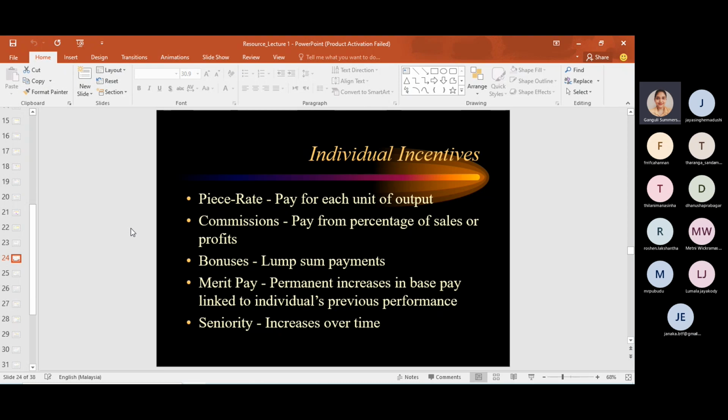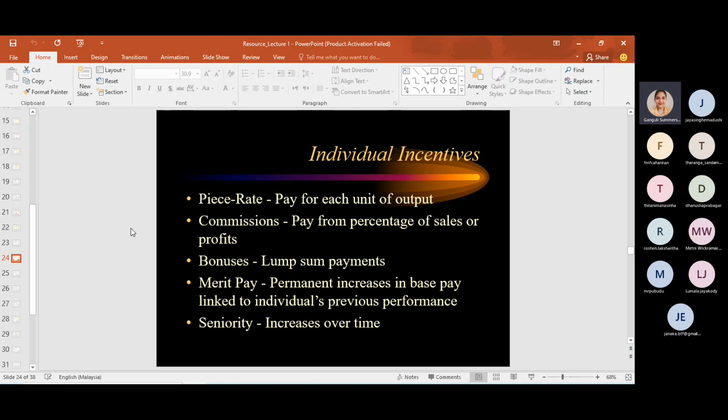Merit pay means you are getting paid for your previous performances. If your previous performances are really good, you will get merit pay.